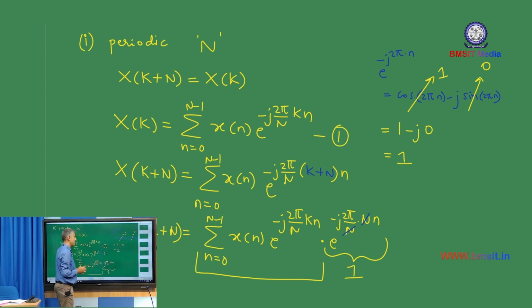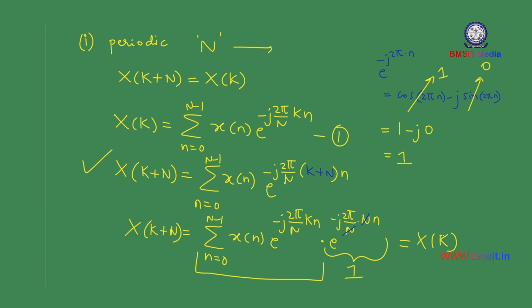If I call this equation 1, this whole thing is nothing but X of k. So, we started from X of k plus N and it is equal to X of k. What does it mean? It means that the DFT is periodic.